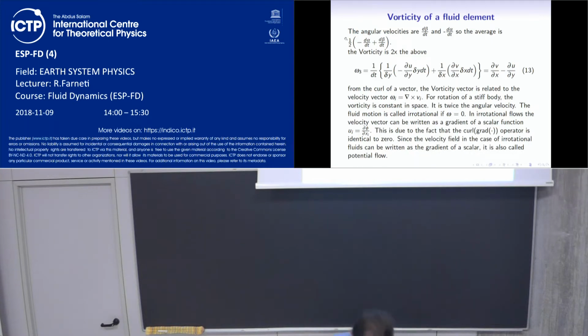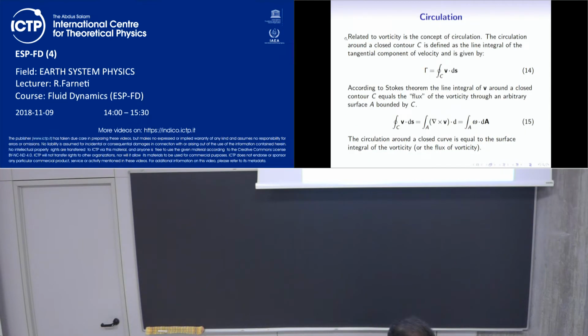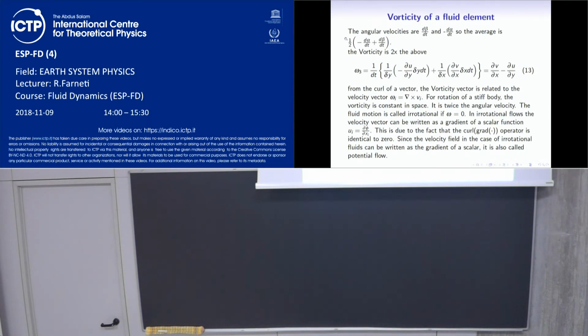A fluid subject to shear stresses might acquire vorticity or it might not, depending on the shear stresses that are acting on the element of fluid. But more importantly, associated with vorticity is the concept of circulation.